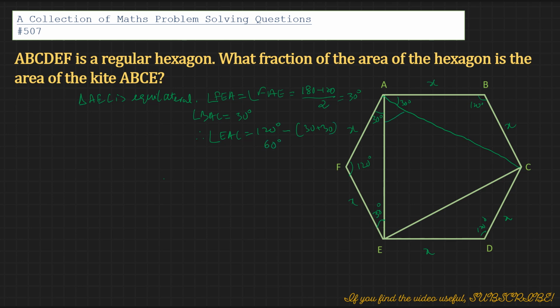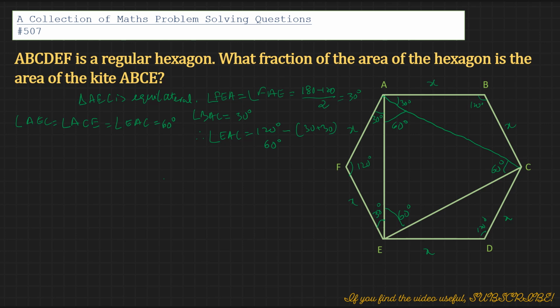So this angle would be 60 degrees, and also similarly angle AEC would equal 60 degrees, and angle ACE would also equal 60 degrees. So angle AEC equals angle ACE equals angle EAC, and that equals 60 degrees. So therefore triangle AEC is equilateral.